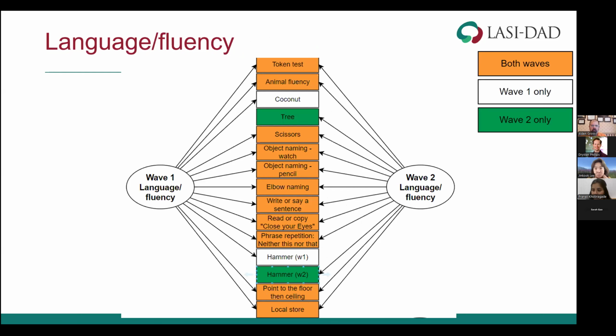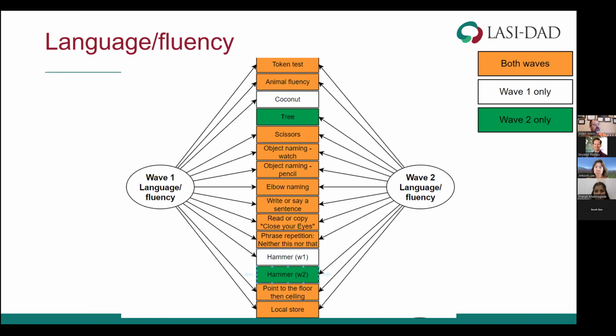For language and fluency, this domain was mostly consistent. There were a couple of changes in items, such as moving from the coconut item to asking about the tree. And we changed the allowable responses for the hammer item. So the question is, what do you do with a hammer? In wave one, the permissible response was to pound a nail into something.